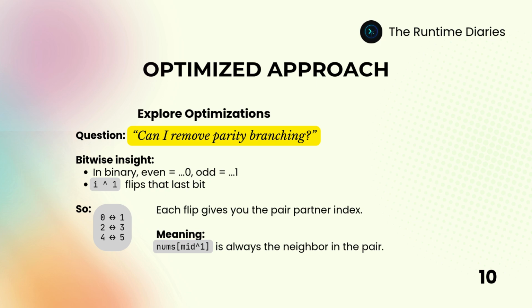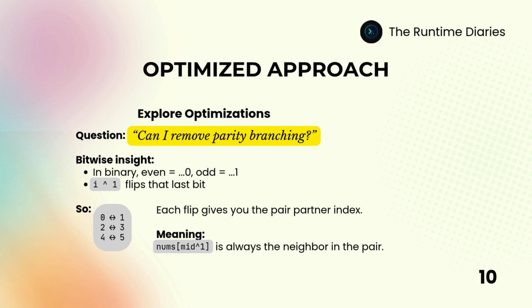Here's the question I asked next. Can I remove the parity branches? Bitwise operations gave the answer. In binary, even indices end in 0. Odd indices end in 1. Using XOR with 1, i XOR 1 flips that last bit.